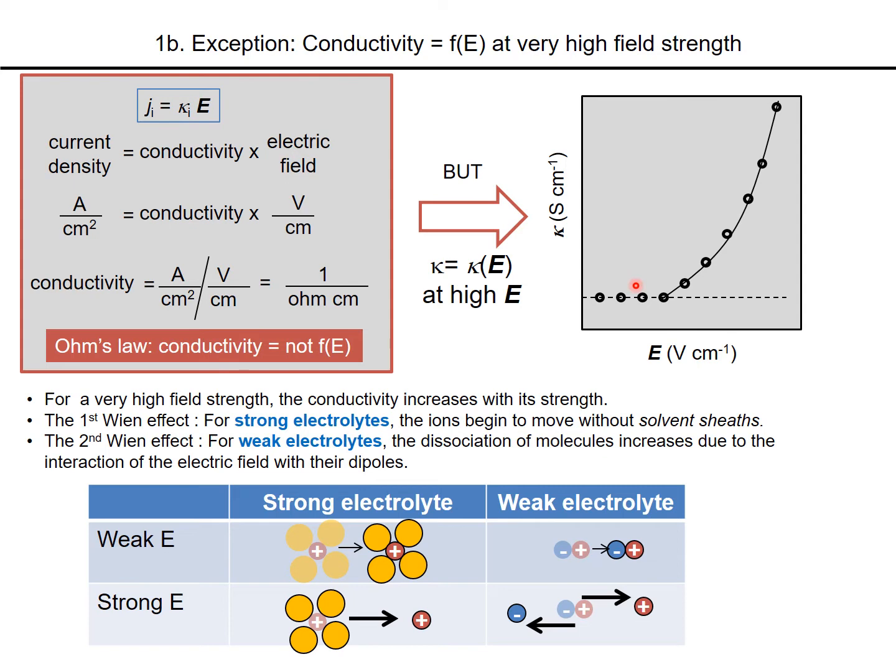However, at very high electric field, the conductivity increases. Why? This deviation of conductivity in terms of electric field has been explained by the Wien effect.